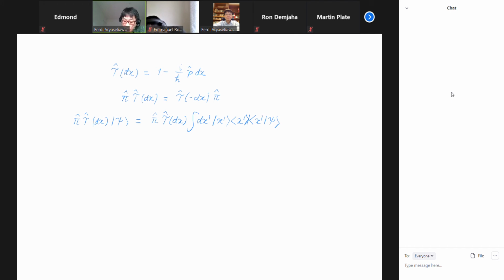Now I can use the definition of the translation operator so that we just shift x prime by dx.